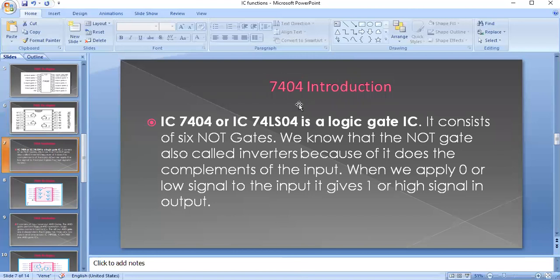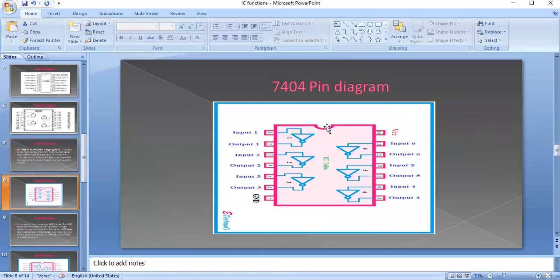Next, 7404. 7404 is a NOT gate IC or inverter gate IC. In this diagram, this is also a 14 pin dual inline package. For an inverter or NOT gate, we have only one input and one output.